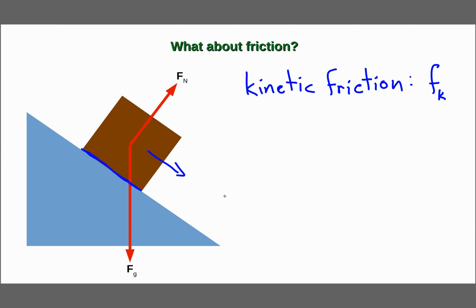So this has some v, okay? And kinetic friction is always opposite the motion, okay? So the force of kinetic friction is always going to point opposite to the motion of the object, okay? And it's going to be coming from this surface right here that's sliding along the surface of the ramp here.